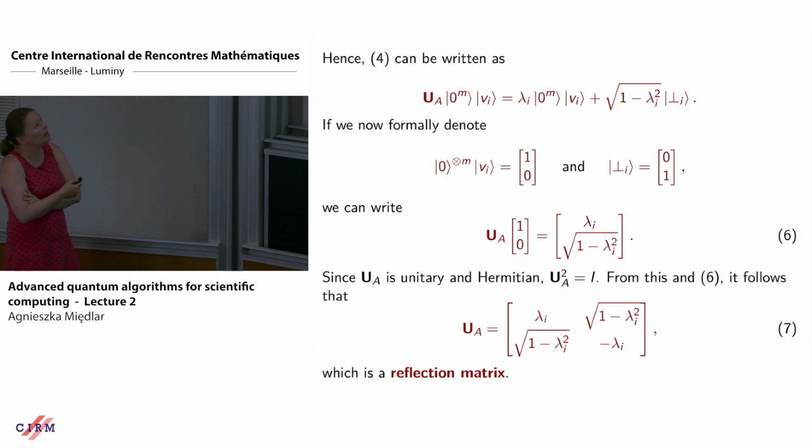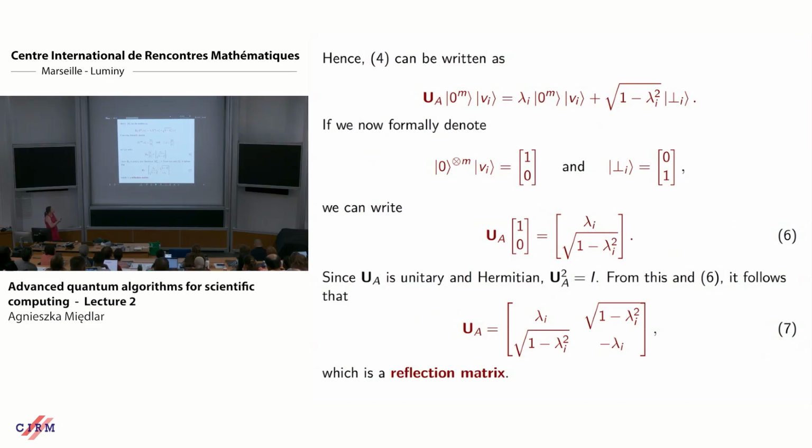I will now identify this state, the Kronecker product of m copies of the 0 state and Vi, as 1, 0. You can always do a change of basis the way you want. And I will say that perp i is just the 0, 1 state. I want to work with the standard basis because for the purpose of presentation, it's way easier.